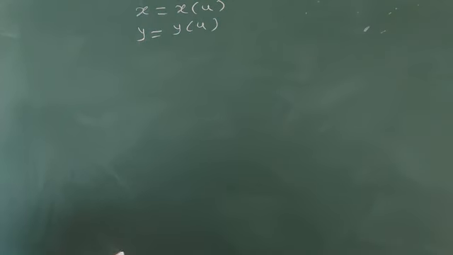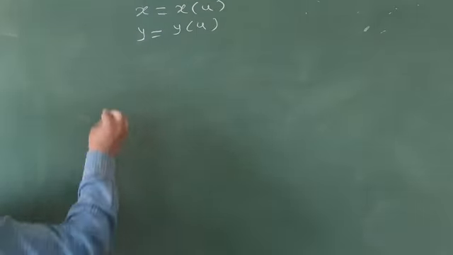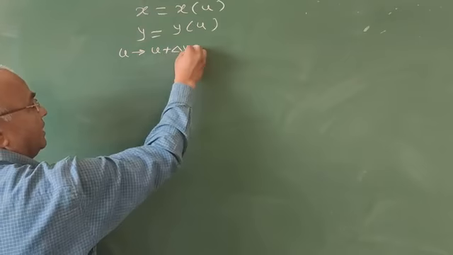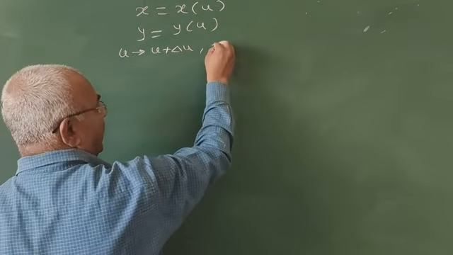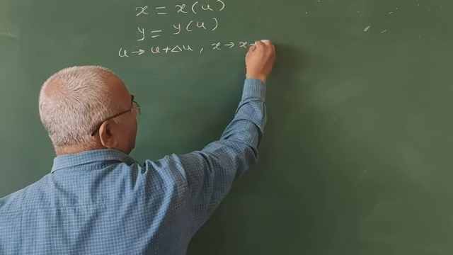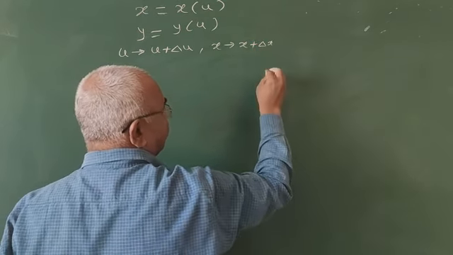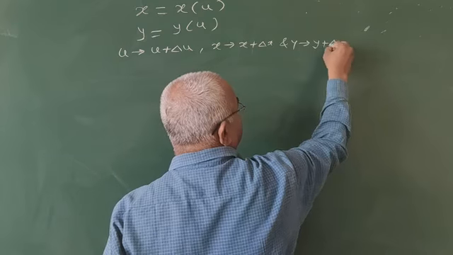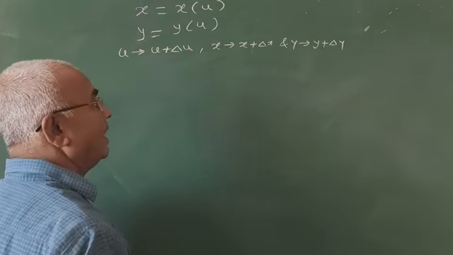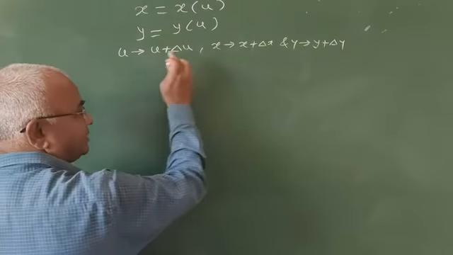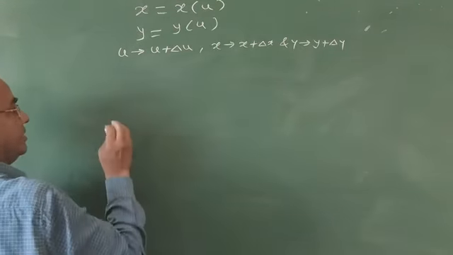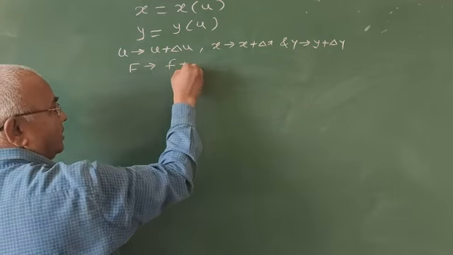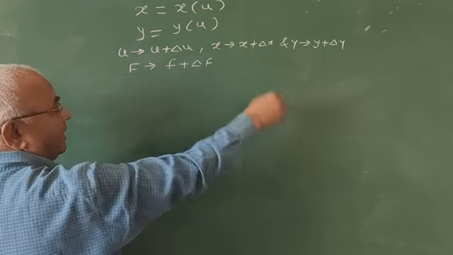In this case, if we consider u changes to u plus delta u, x changes to x plus delta x, and y changes to y plus delta y. Obviously, because of that change in these functions, here f also changes to f plus delta f.